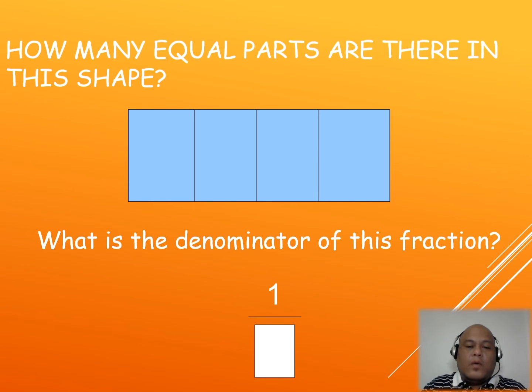How many equal parts are there in this shape? We have here a rectangle, and this rectangle is divided into 4 equal parts. So what is the denominator of this fraction? 4. The denominator of this fraction is 4.